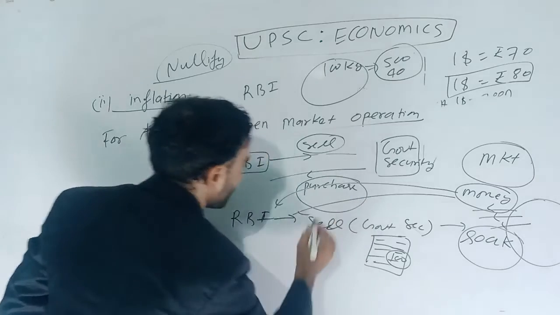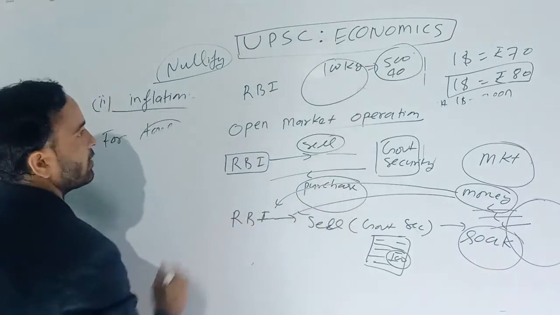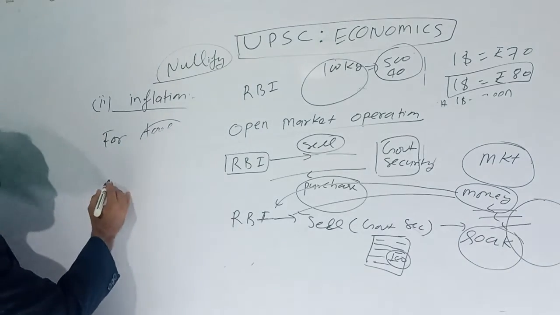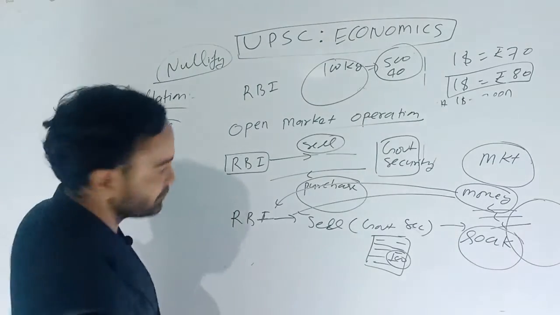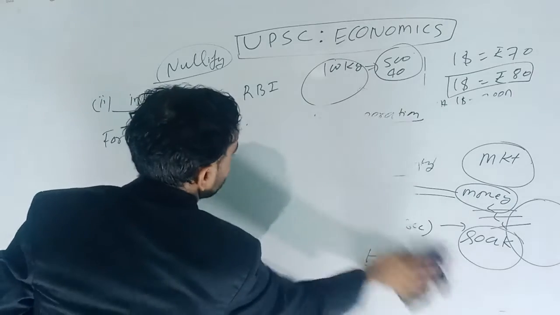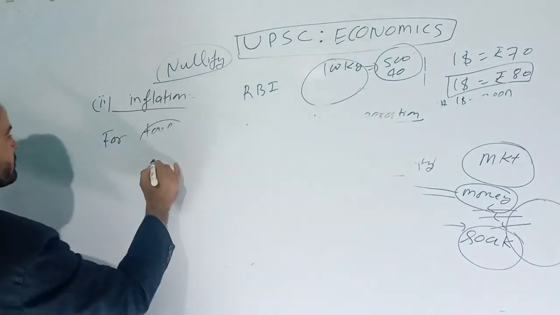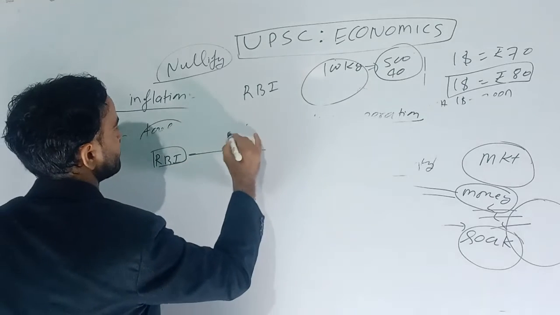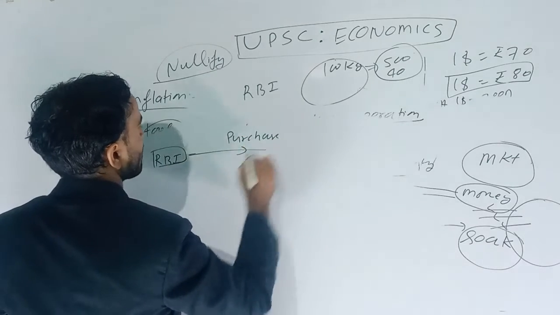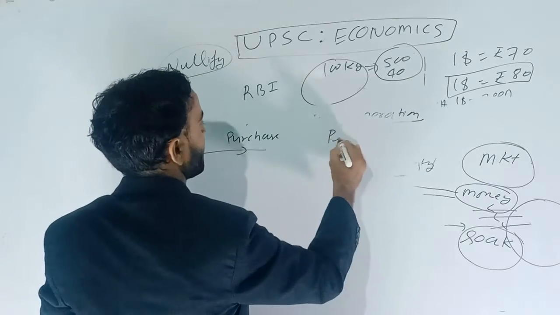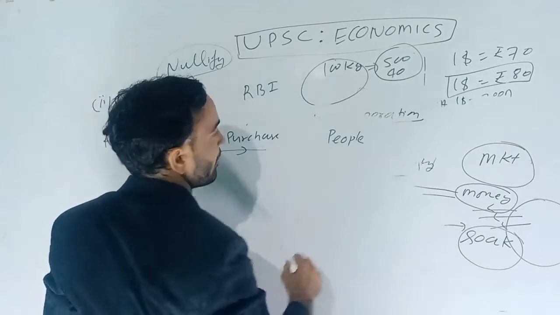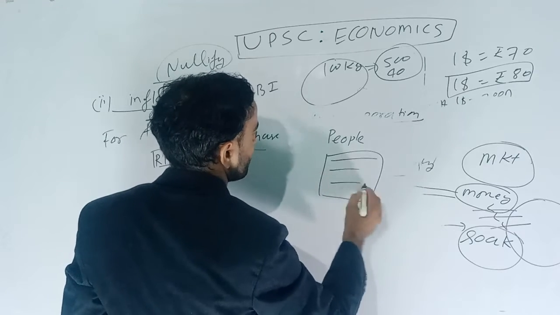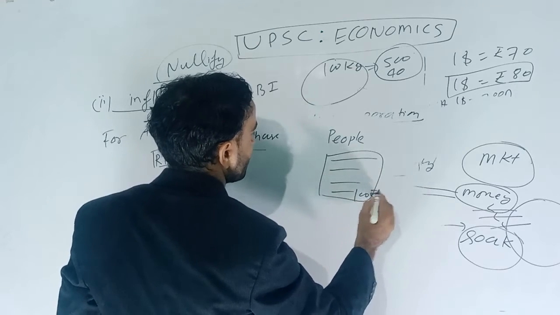Now think about purchase. What is the meaning of purchase? See, here is RBI, and here are the people who have earlier bought the government security of 100 rupees.